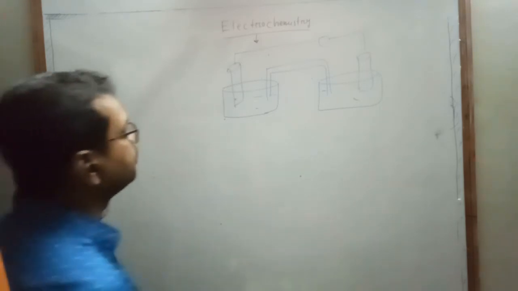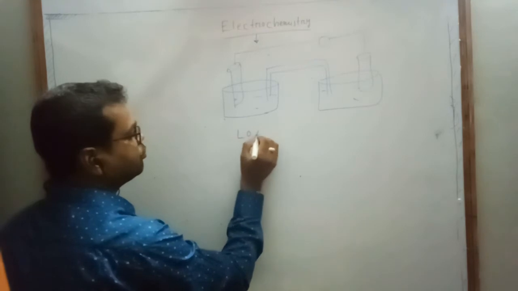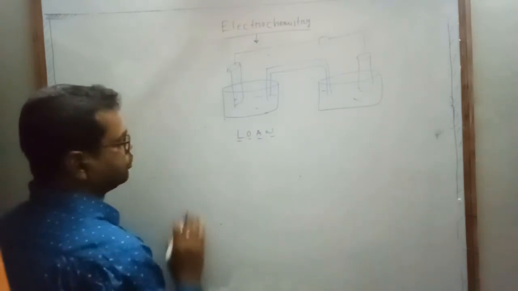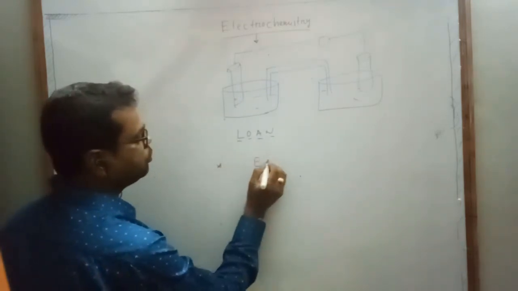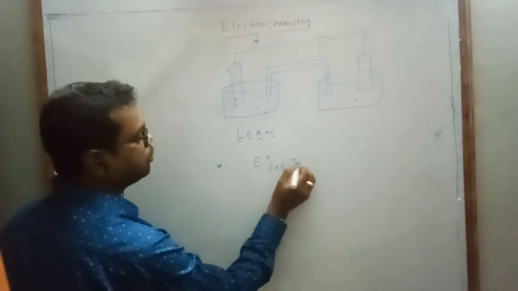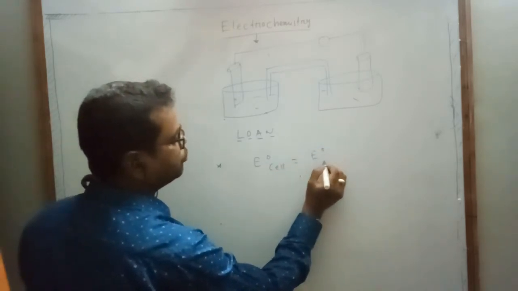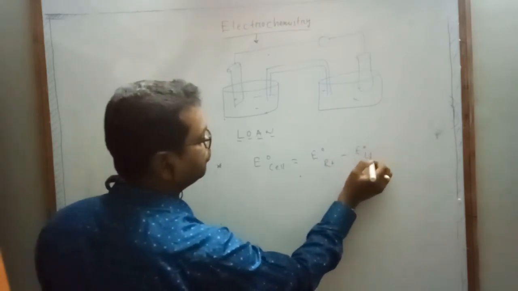In this cell, students, one more point we have learned: left oxidation, anode negative. So here one thing you have to learn, that E naught of cell is equal to E naught of right minus E naught of left.